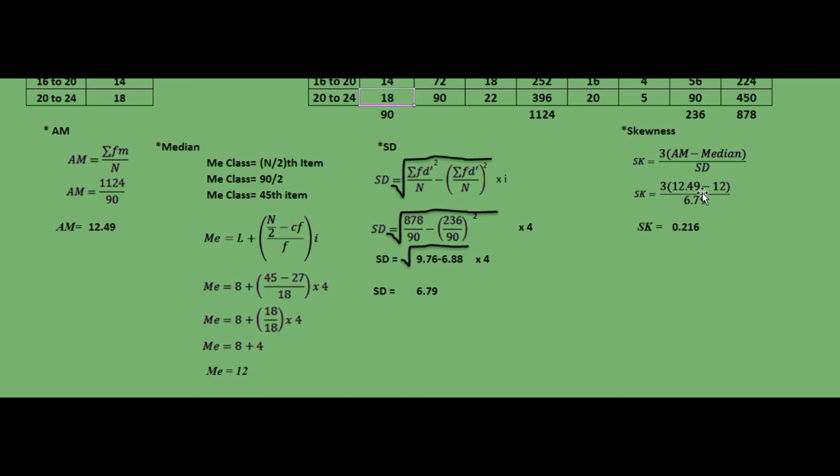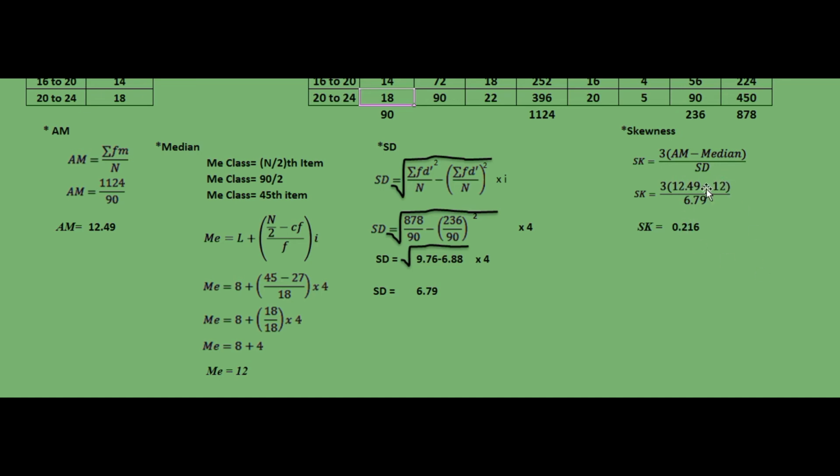What is your mean? Mean is here 12.49. What is your median? 12. What is your standard deviation? 6.79. So make the difference of these two, 12.49 minus 12, that is 0.49, into 3 divided by 6.79.